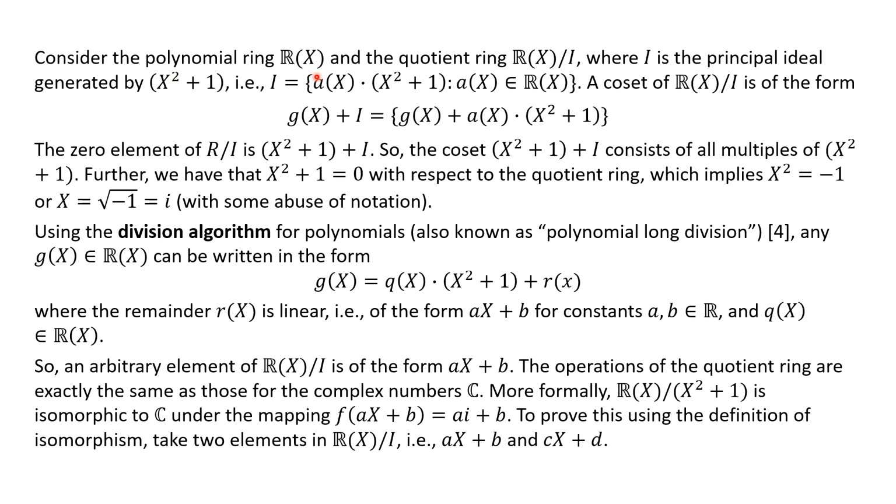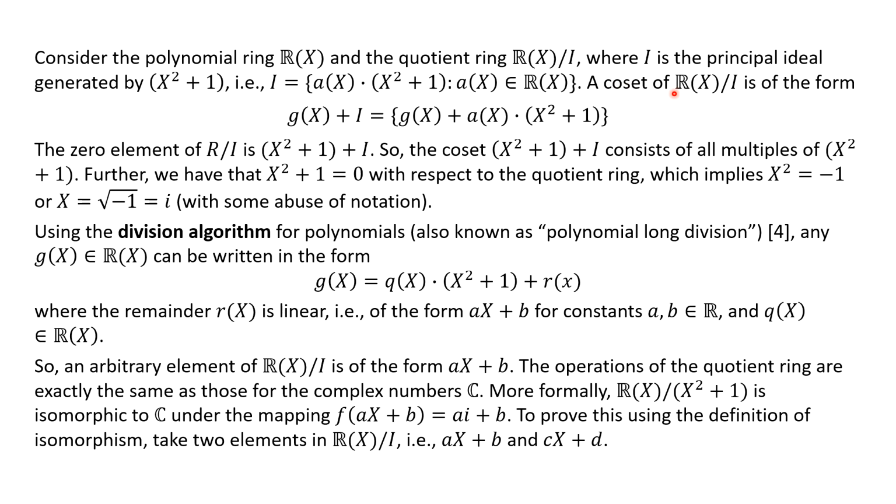So in other words, I equals all polynomials of this form here, a(x), where a(x) is from the real polynomials, times x squared plus 1. So it's basically everything that is a multiple of x squared plus 1. That's the ideal that we've defined here.